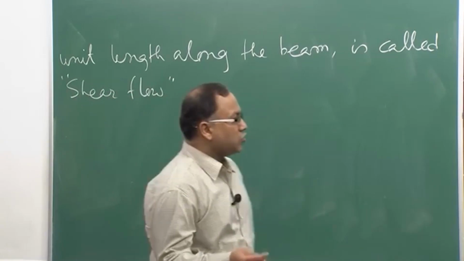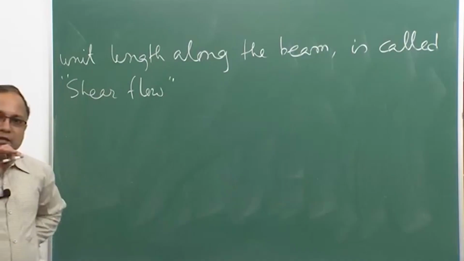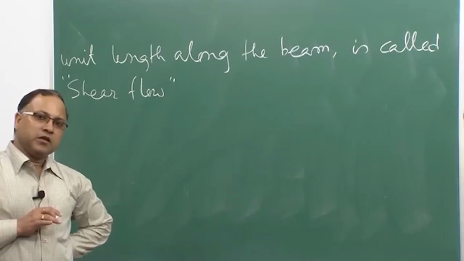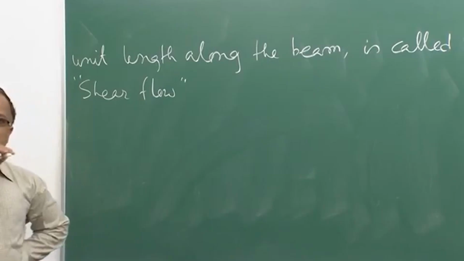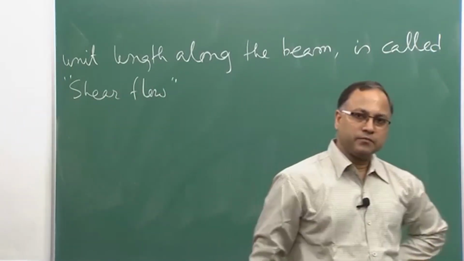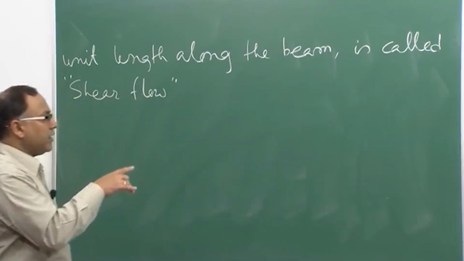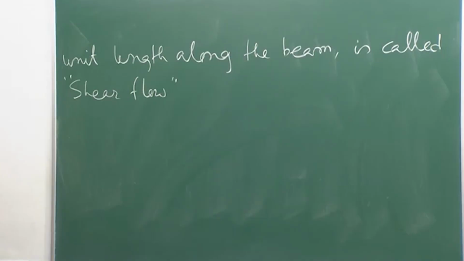Okay. So, what is qyx? That is the total longitudinal shear force transmitted across the plane defined by y is equal to y1. So, at y is equal to y1, you are defining one y plane. On that plane, your shear force is acting; that is, delta Fyx is the shear force acting on that plane. Fine. So, basically qyx is that shear force per unit length along the beam. Along the beam, your x is there.